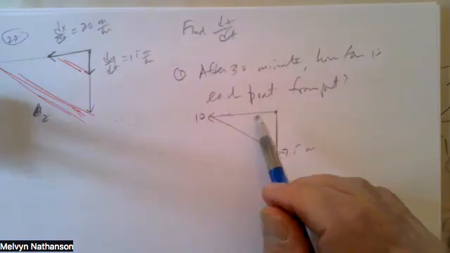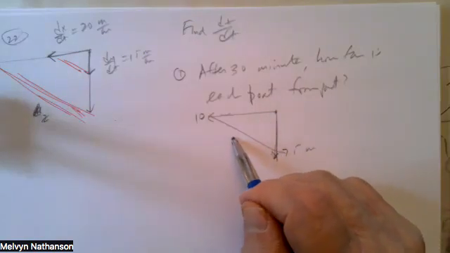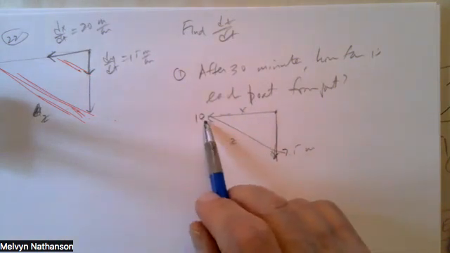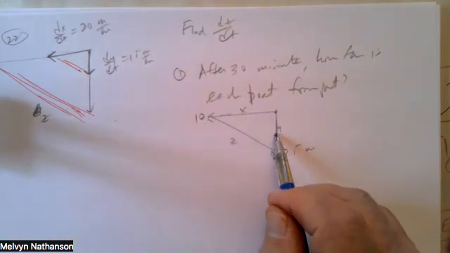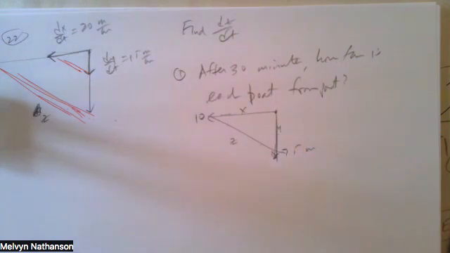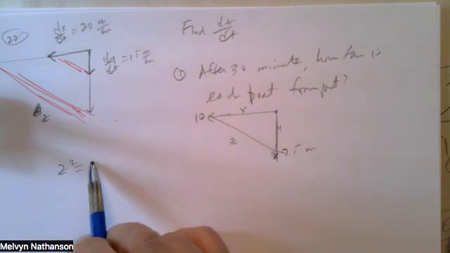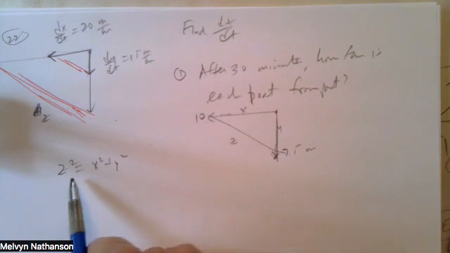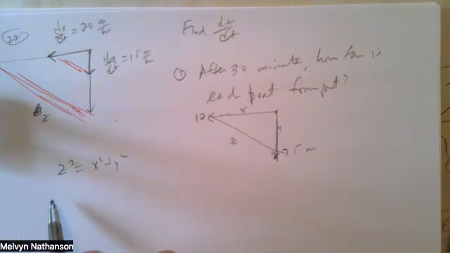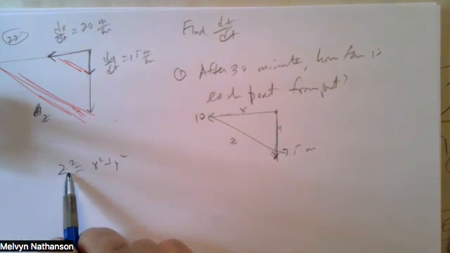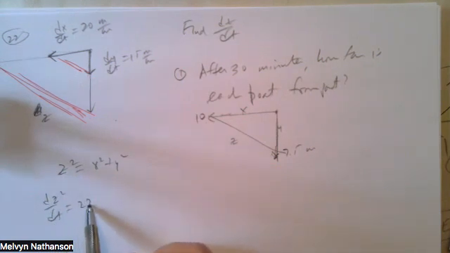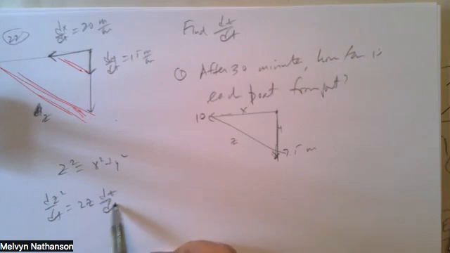At that time, how fast is this distance z changing? So again, if we let x be the distance of the first boat from the port and y the distance of the second boat from the port, by the Pythagorean theorem, we get z squared is x squared plus y squared. So if we differentiate with respect to t, the derivative of z squared with respect to t is 2z dz/dt.